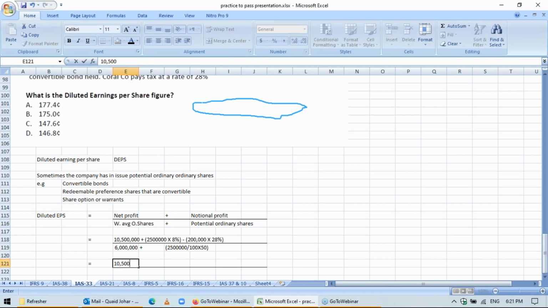$10.5 million profits plus 200,000 interest minus the increase in tax expense of 56,000, which will decrease your profits. And then 6 million ordinary shares were already in issue, and further shares will be issued, equal to 12,50,000. So this gives you the diluted EPS.